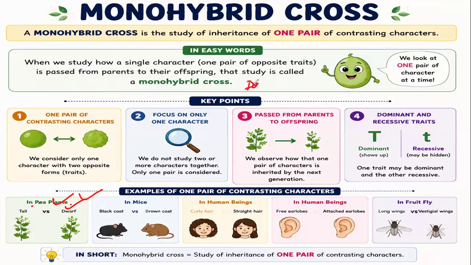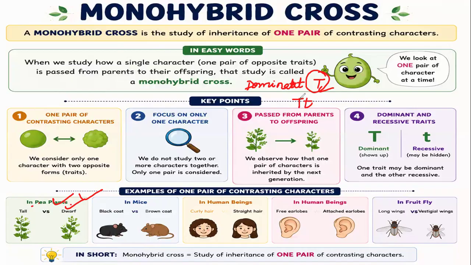That is one, dominant. Dominant is the one that expresses itself, the character or the physical appearance that you observe. The other one is the recessive, which might be present, but maybe it is hidden. For example, capital T and small t.